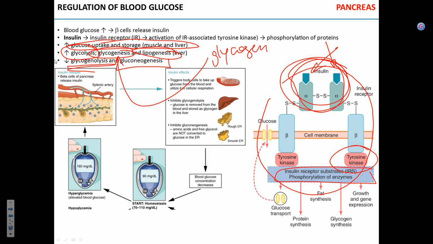I will ask you questions. Something like, which of the following processes is stimulated by insulin? And I give you a list, like glycogenesis, or gluconeogenesis, or glycogenolysis, or lipogenesis. And you pick the one or the ones that are stimulated by insulin.